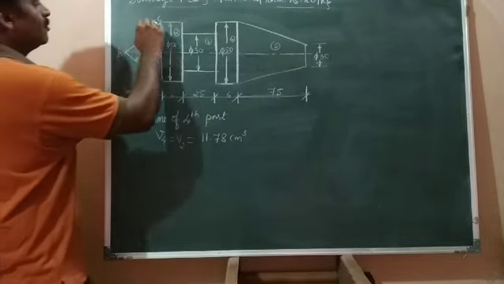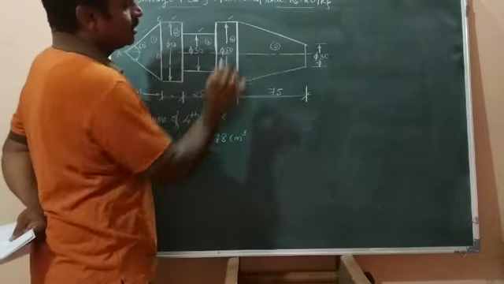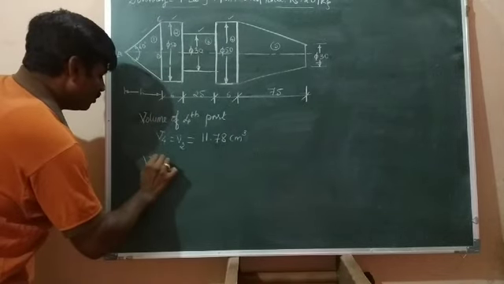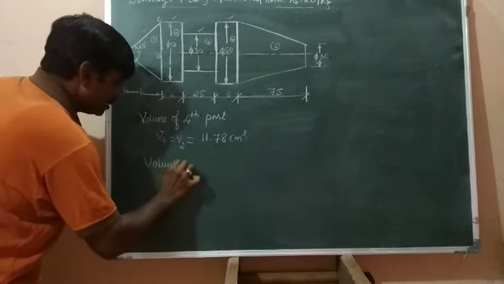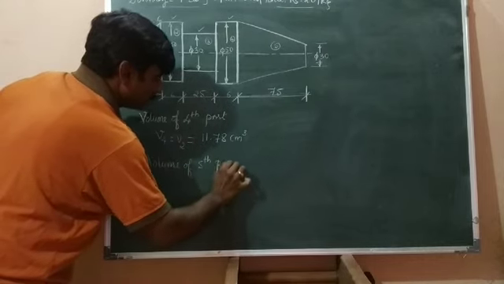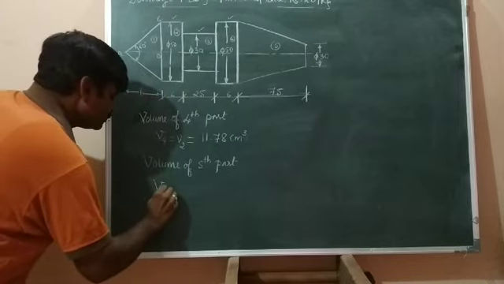Okay, so the first part is over, second part is over, third part is over, fourth part is over. The remaining part is the fifth part. So let me find the volume of the fifth part. Let me denote it by V5.